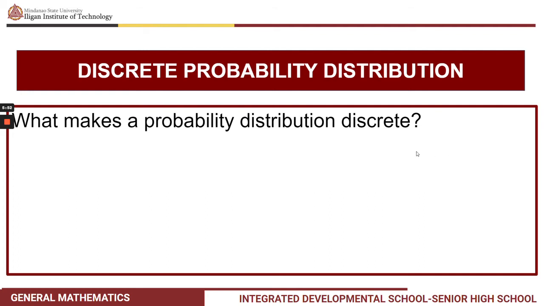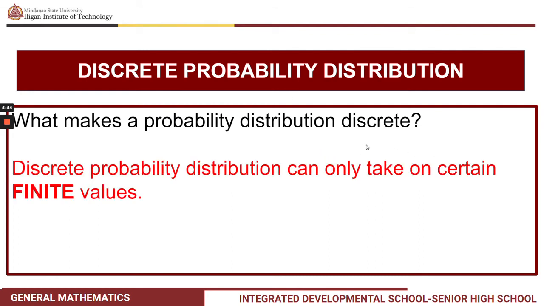So, ang discrete na tinatawag na ibig sabihin dito, hindi yung discrete na when you fart inside the classroom and you're so discreet about it. It's about a probability distribution na makaka-take ng only finite values, no?